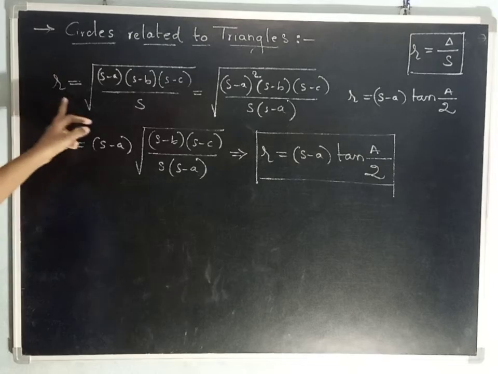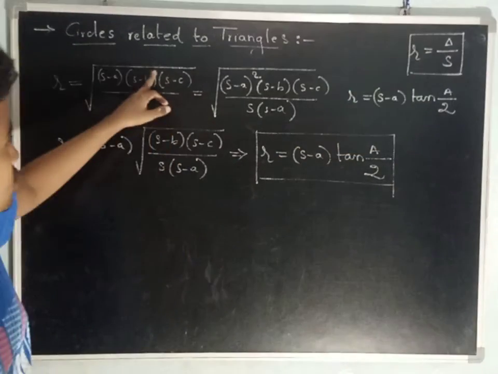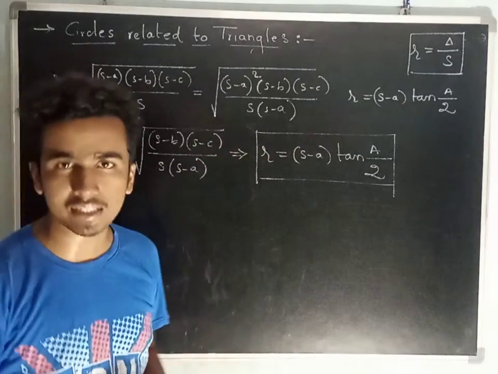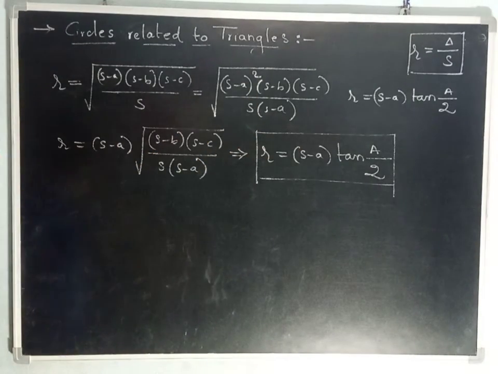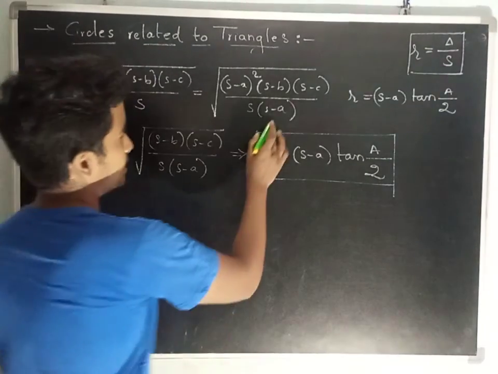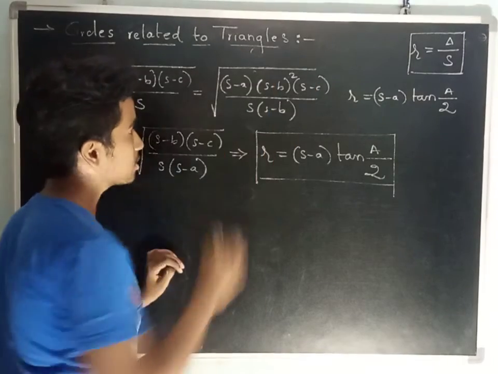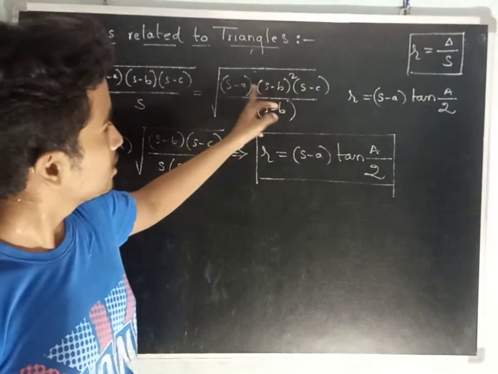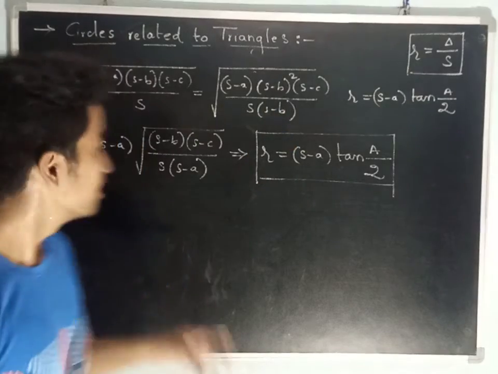For this, I multiplied the numerator and denominator with s minus a, so that I got (s minus a) whole square, and I took it out. In the second case, instead of multiplying with s minus a, let me multiply with s minus b, so that I get (s minus a)(s minus b) whole square into (s minus c) by s(s minus b).